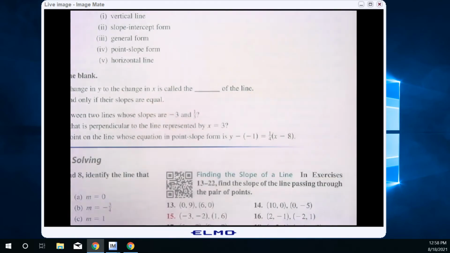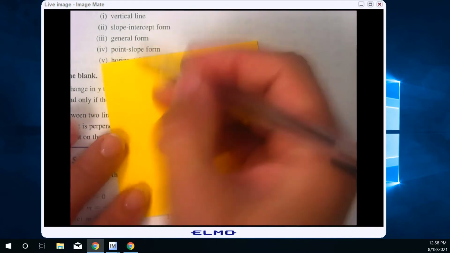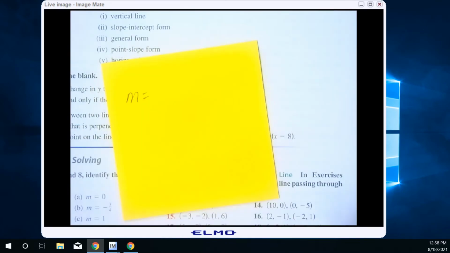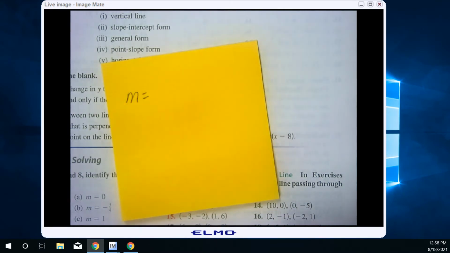Do you know where the point slope formula comes from? Possibly. If you start with, what is the formula for the slope of a line given 2 points? What is it? M equals what?